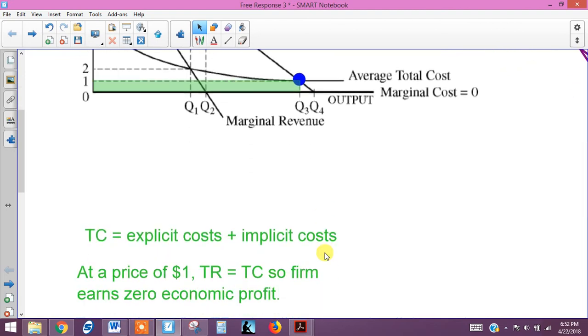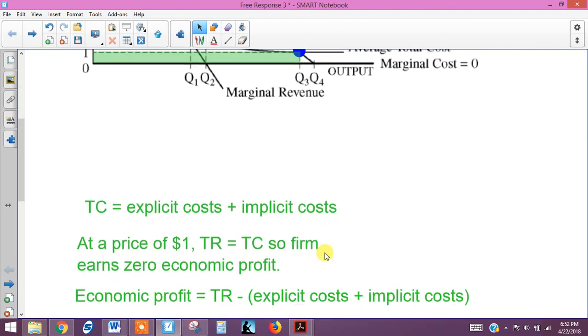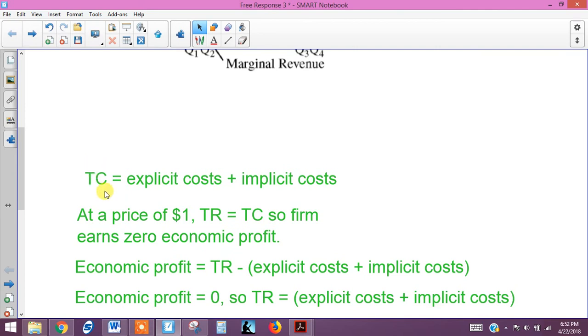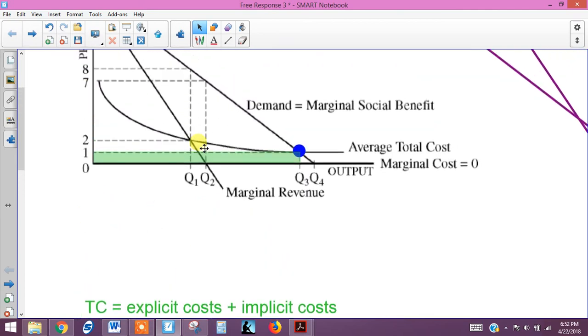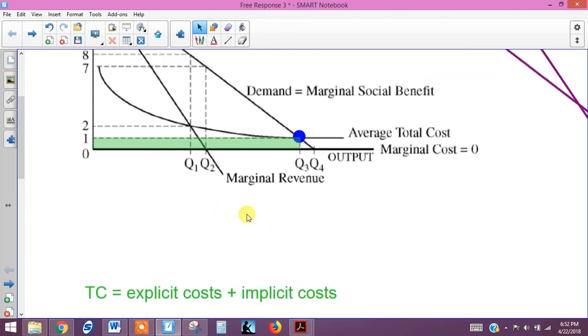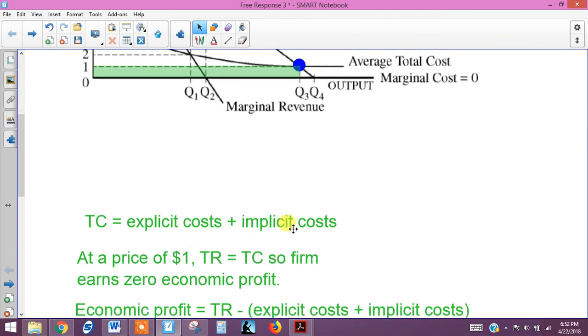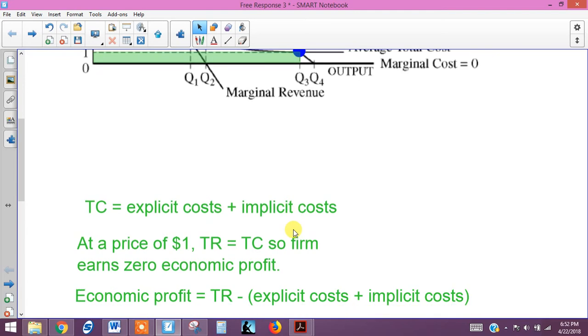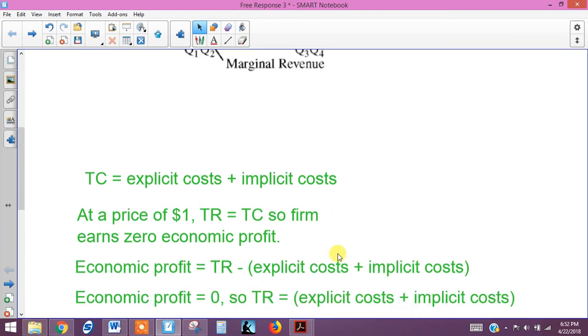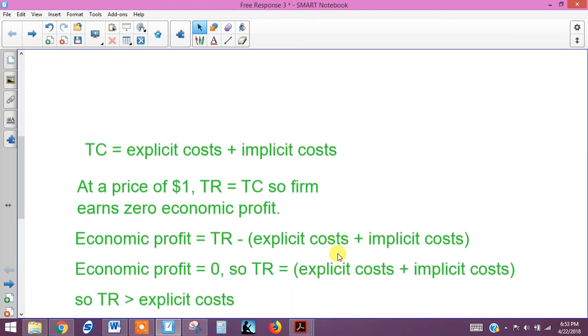But we can easily show that mathematically, because total cost is always equal to explicit cost plus implicit cost. And at a price of $1, total revenue equals total cost, so the firm earns 0 economic profit.